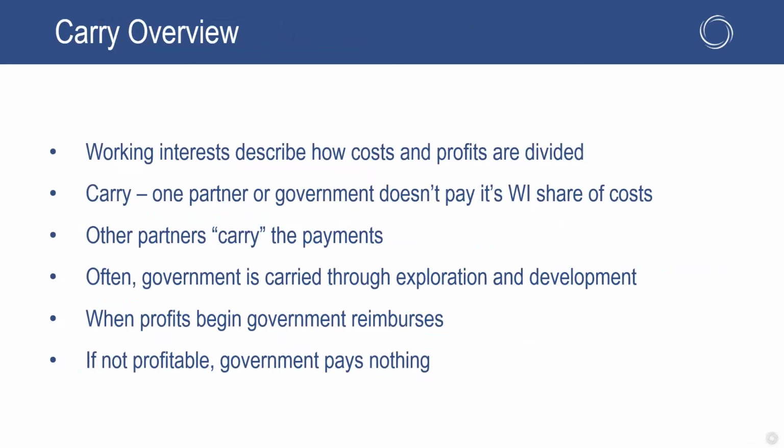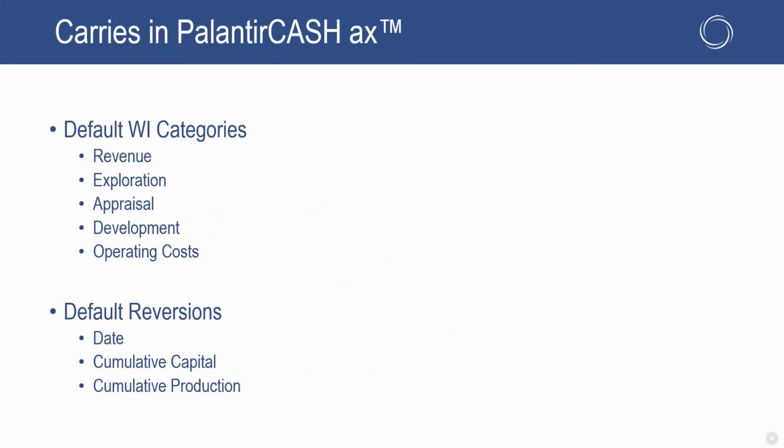And as I say here, in many cases, the government or the national oil company, if you will, is carried through exploration and development. And then often when profits begin, or in other words, when production begins, the carried partner will reimburse the partners who carried it. And then if it's not profitable, then there will be no reimbursement.